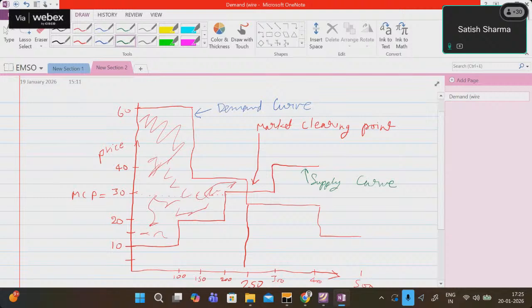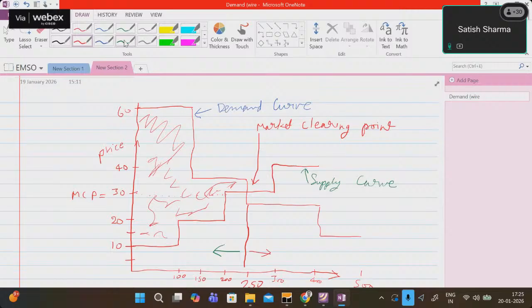This is the market clearing quantity, 250. Everything on this particular side will be cleared or scheduled, and whatever is on this side, which I will mark in red color, will not be cleared.